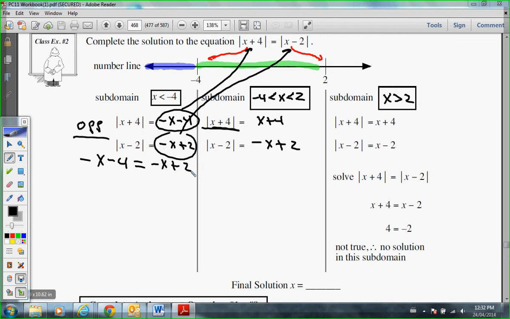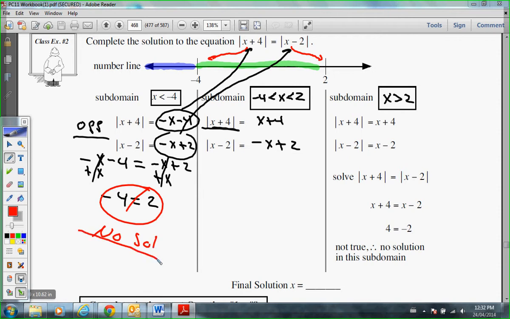And now you're just going to solve. Okay, so we go plus x plus 4. Okay, they all went away. So I get negative 4 equals 2. Is that a true statement? No. So this means no solution. If your x's ever cancel, and you get something that doesn't equal that, it's no solution.